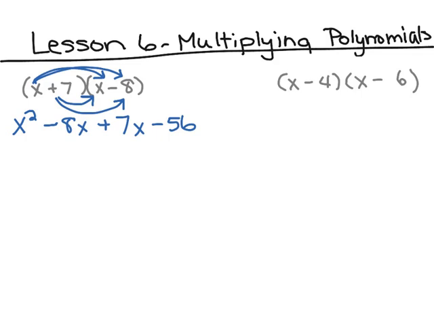So see, I skipped that middle step. If you feel comfortable to do that, you may. If not, just keep writing out all your multiplication sentences. Now we're going to combine like terms. So we have x squared, negative 8 plus 7 is negative x, minus 56.